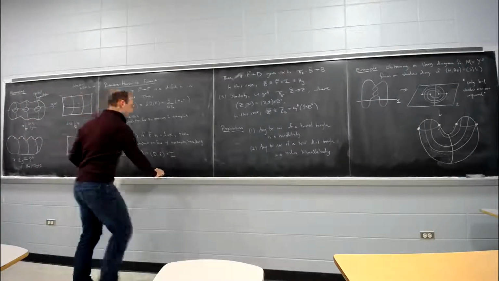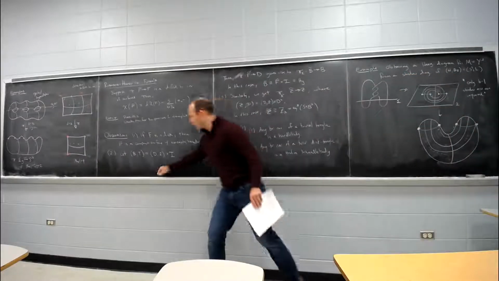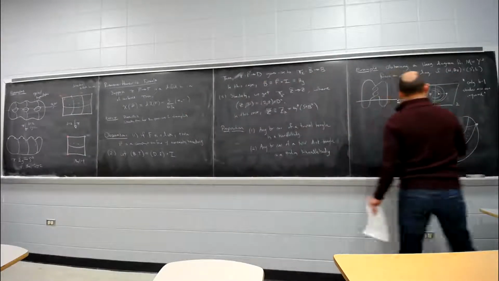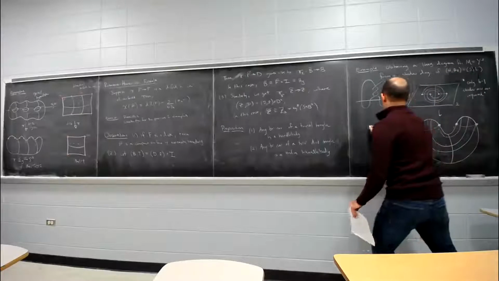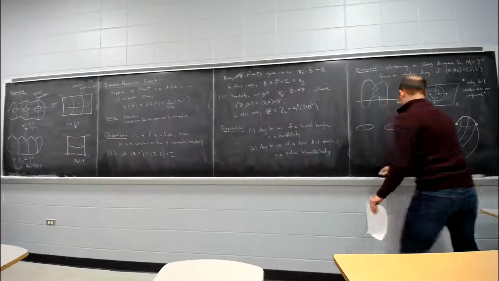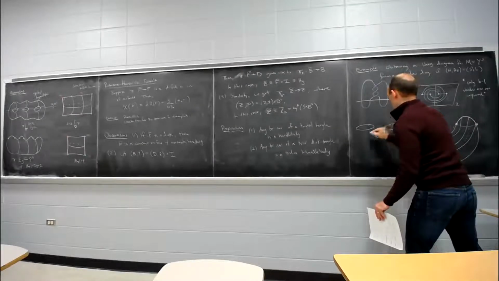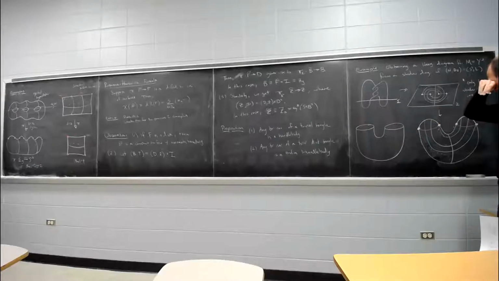So in this example, what that's going to look like is I'm going to cut open along our arcs, and the result is going to be something that looks like this. So this is now an annulus, and in general, it will be a punctured sphere.